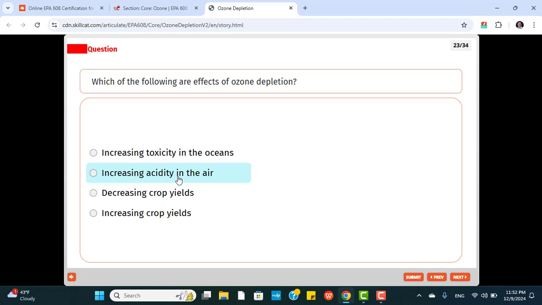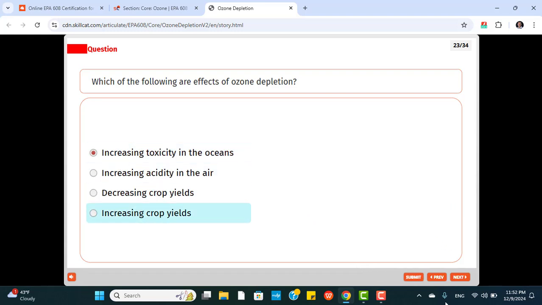Okay, so which of the following are effects of ozone depletion? Increasing toxicity in the ocean, increasing acidity in the air, decreasing crop yields.